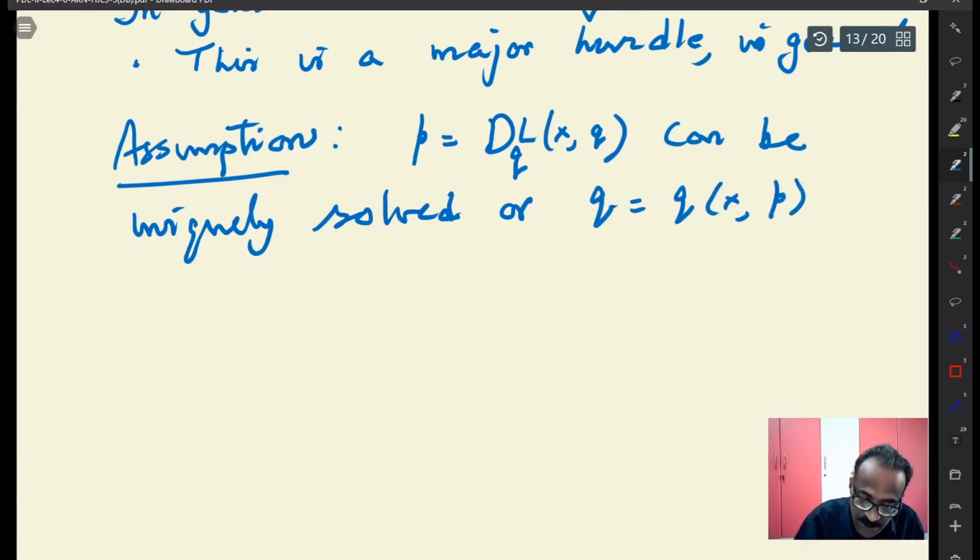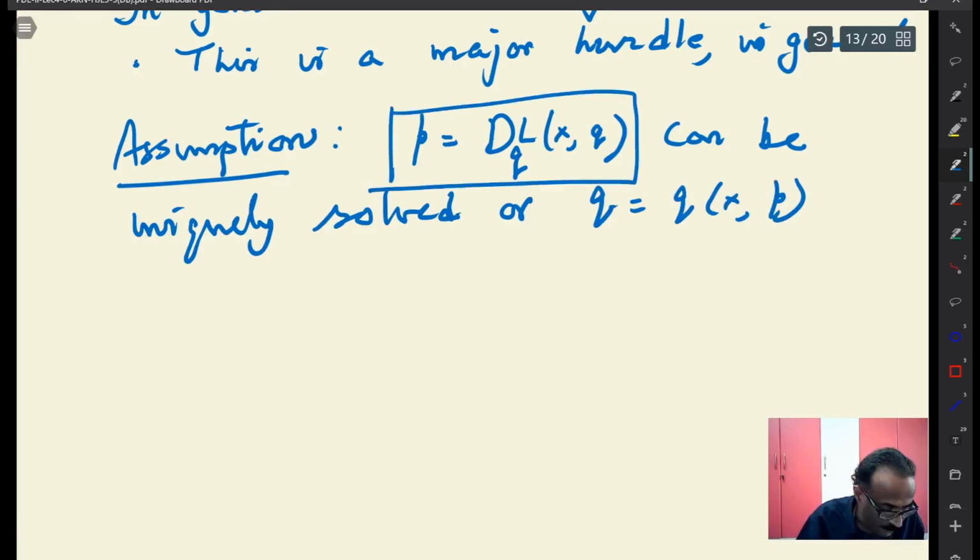So q is a solution to this equation, and you are defining your Hamiltonian now.